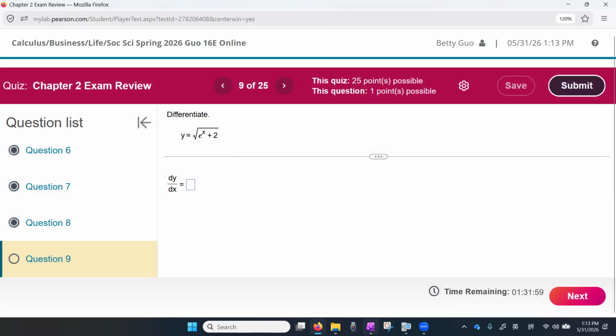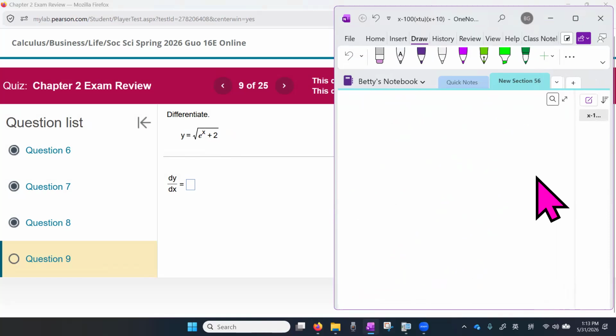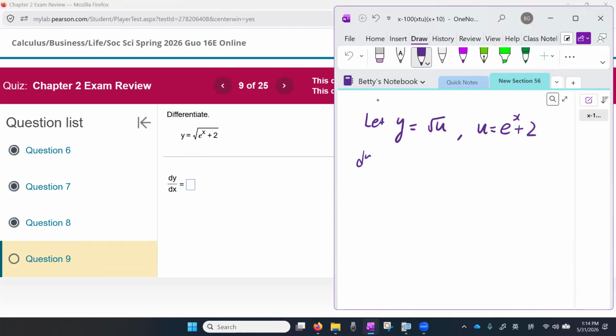We can use chain rule for this one as well. Let y be root u. Then u is the radicand under the square root, e to the power of x plus 2. dy du equals 1 over 2 root u.